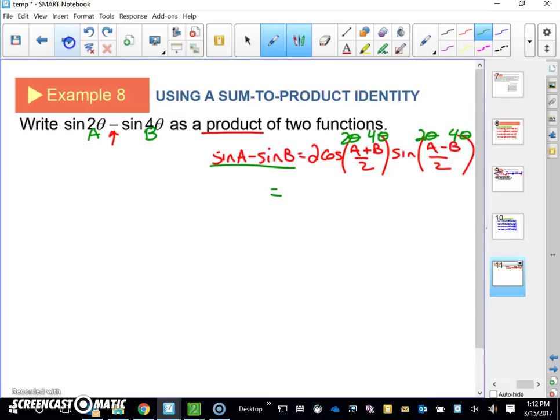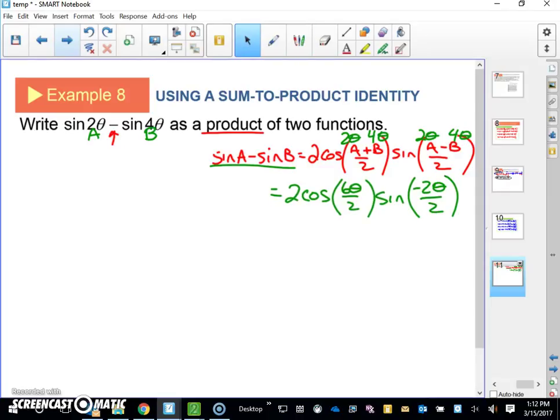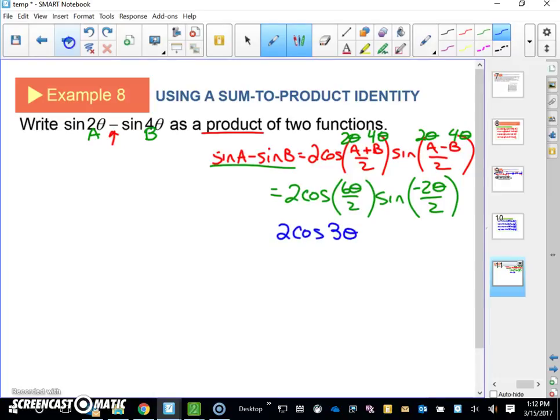On one hand, we're going to add those two things together and get 6 theta over 2. And over here, on the other hand, we're going to subtract those things. 2 theta minus 4 theta is negative 2 theta over 2. We can clean that up a bit. We have 2 cosine 3 theta times sine of negative theta.